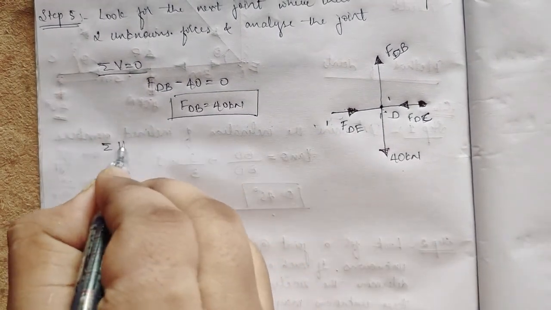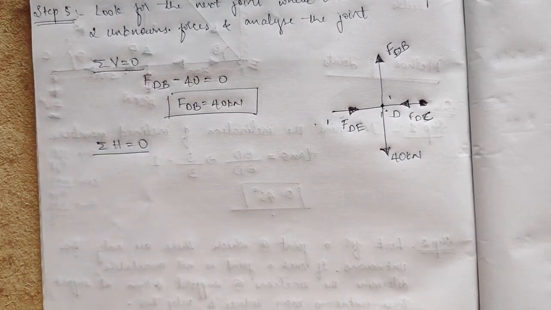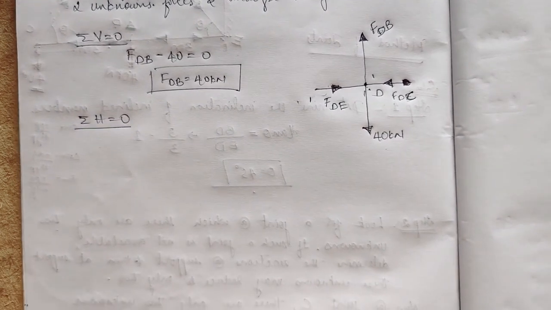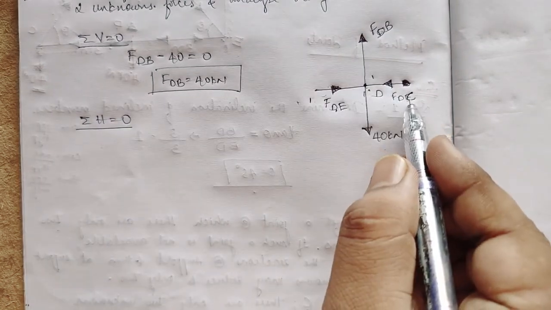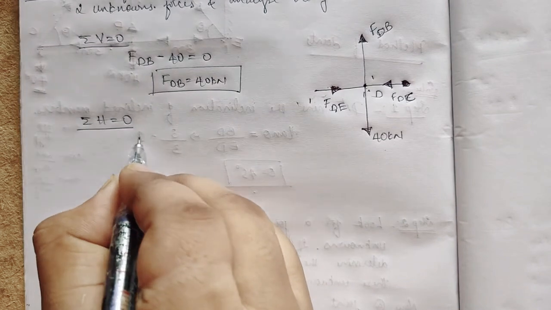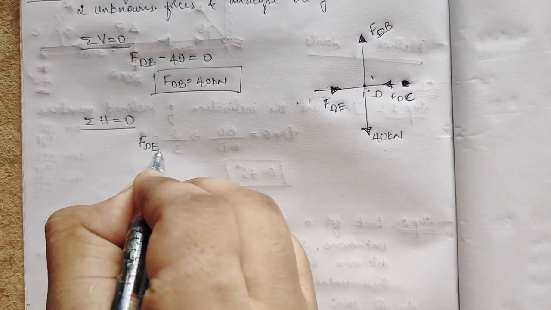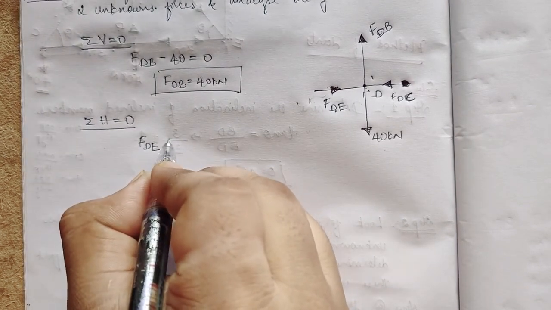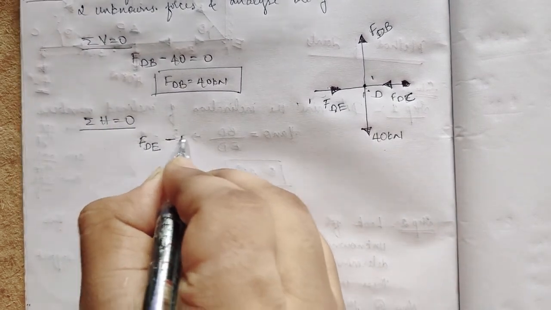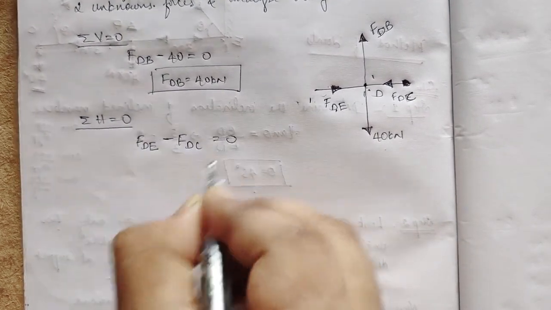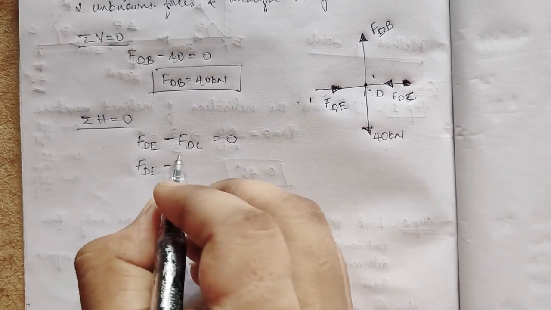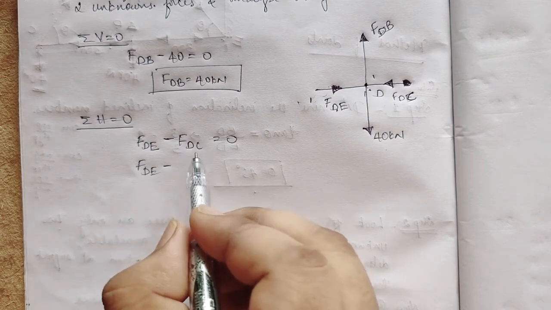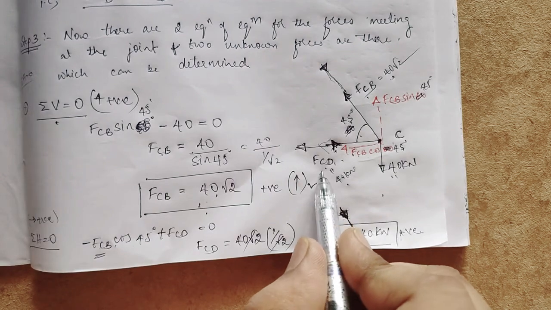Next is summation of horizontal forces equal to 0, taking left to right as positive. Now what are the forces? FDE is left to right, then minus FDC is equal to 0. What is FDE? I don't know. What is FDC or FCD?